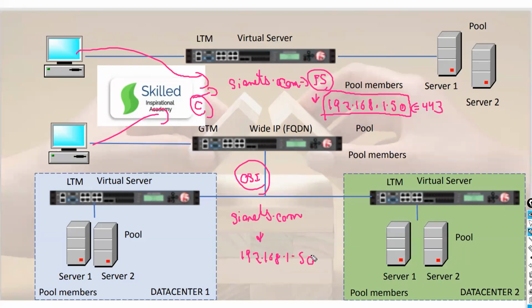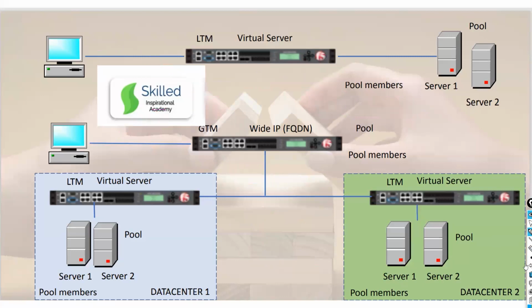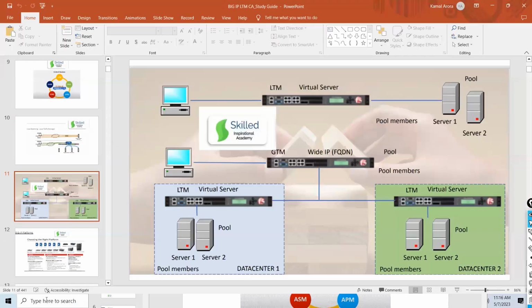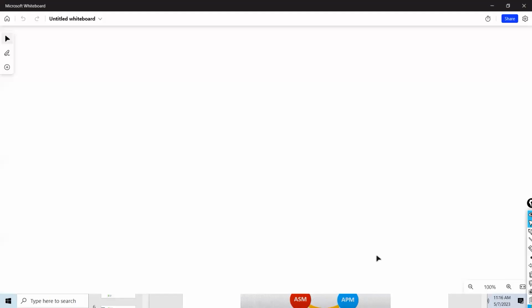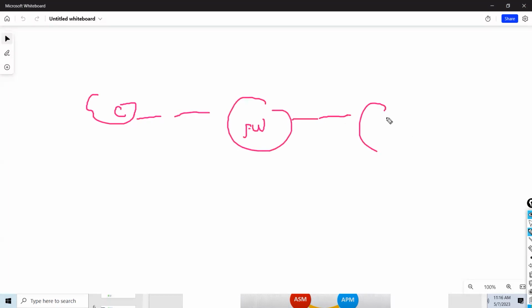Very, very important, guys, this concept of virtual server you will face in production also. Previously, your client does not have an F5. They were accessing the application without F5, and they were pointing cnets.com to your server IP.